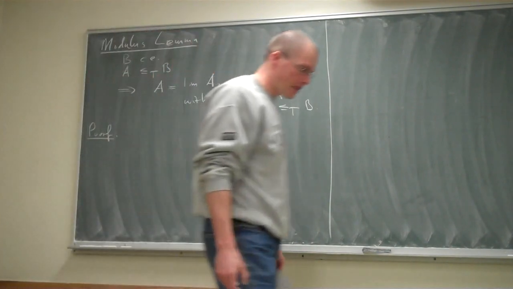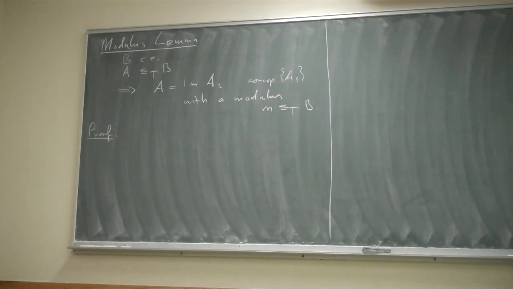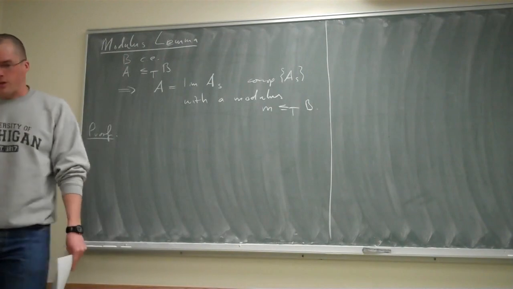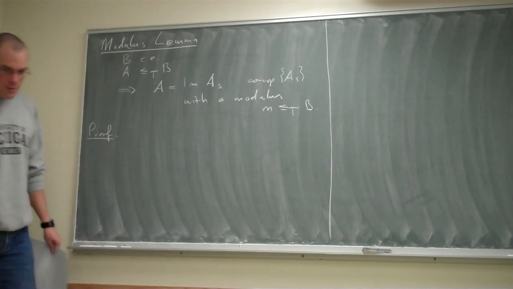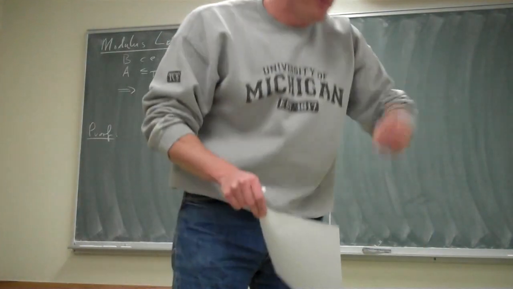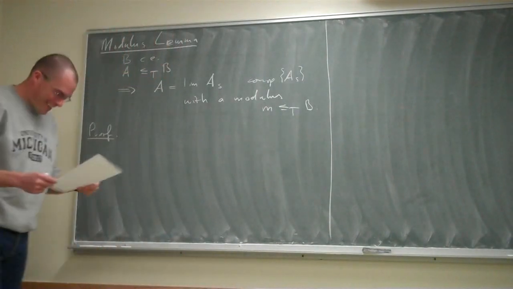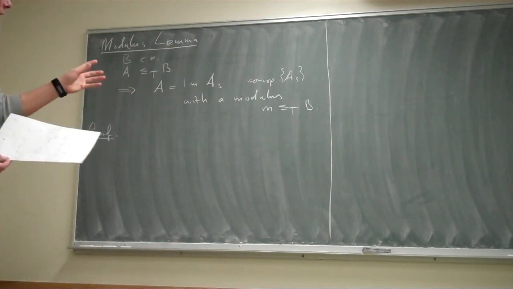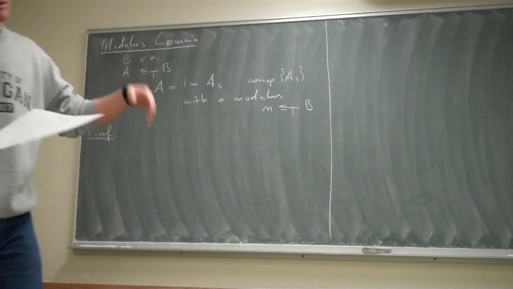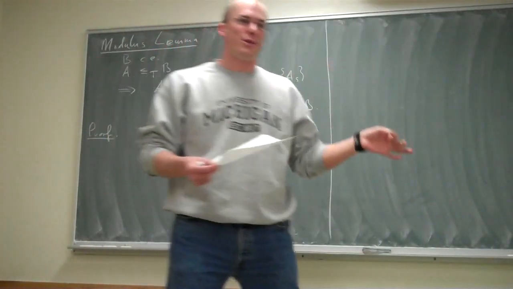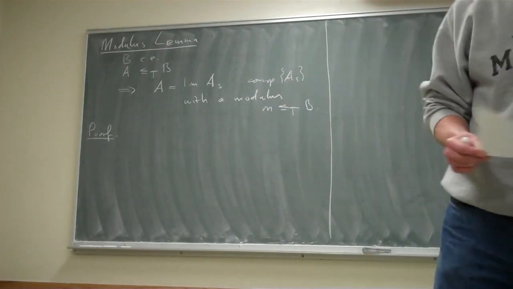So we have to prove this. How are we going to prove this? Well, in the limit lemma, in the implication 3 implies 1, if you Turing reduce to the halting problem, then you are limit computable.